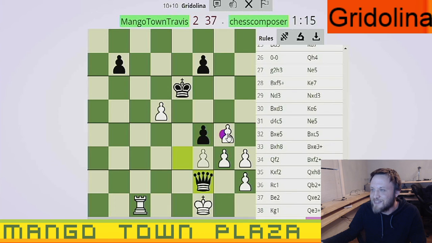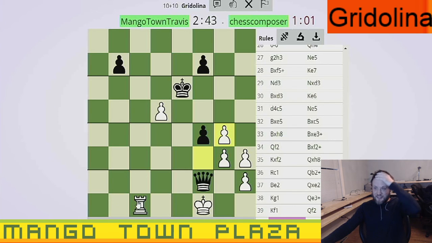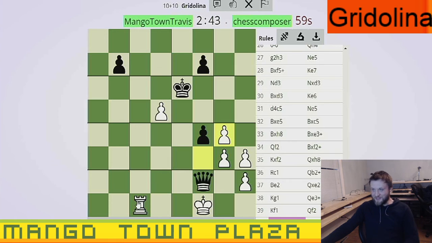Wait, why didn't the game end? Because if they're in the same square, they don't attack each other. Oh, Jesus. Okay. I think I still should win, but fuck. I could have just done it the easy way, but I messed up. Okay, let's see. So I should start gobbling pawns.